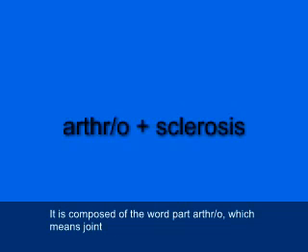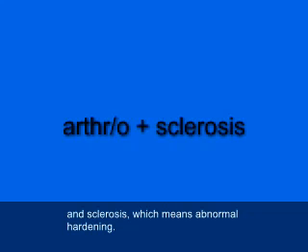It's composed of the word part arthro, A-R-T-H-R-O, which means joint, and sclerosis, S-C-L-E-R-O-S-I-S, which means abnormal hardening. And in fact, you've seen that word before. We did that word back in chapter 1.